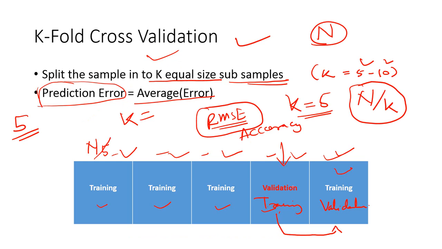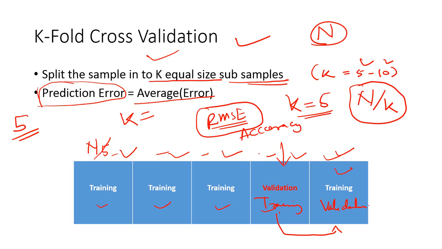Now remember, in holdout sample cross validation, the validation set that you are taking is completely different from the training set. The data points in the validation set will never be present in the training set.